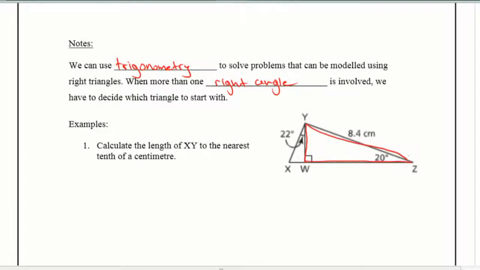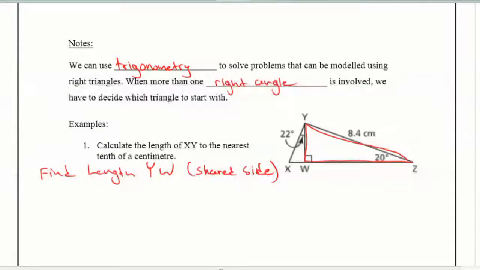If I can find the shared side, I can go from there. So we need to find the length, in this case YW, and that is our shared side, which is the key to the question.